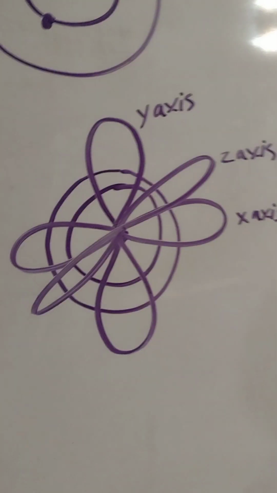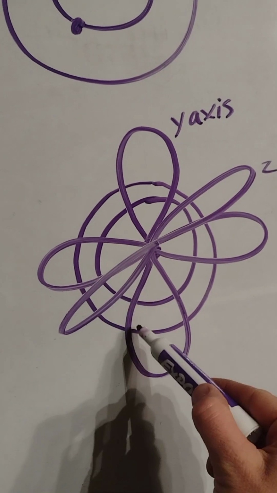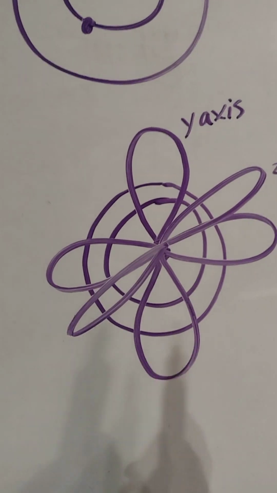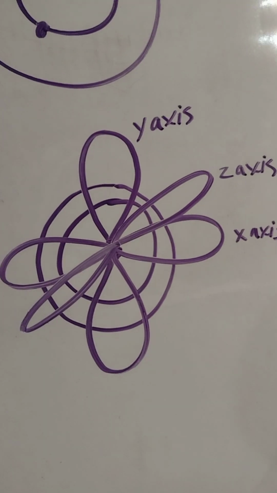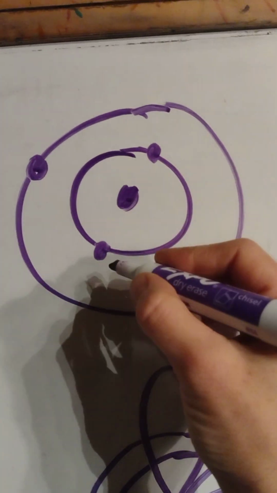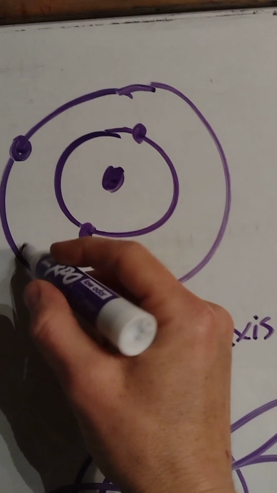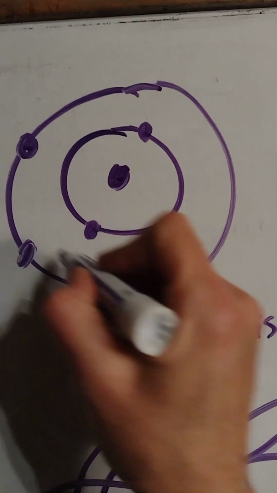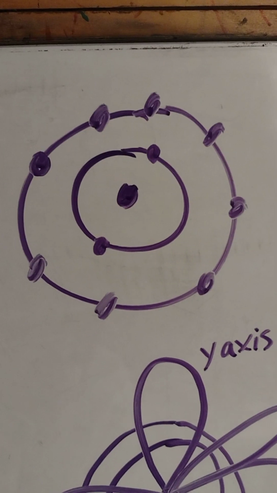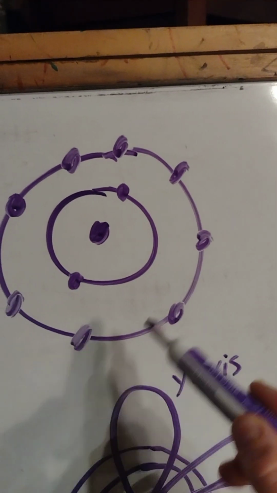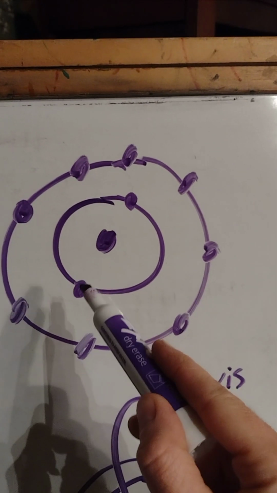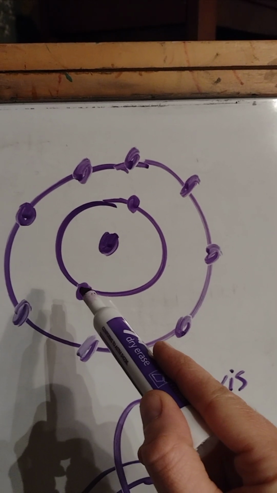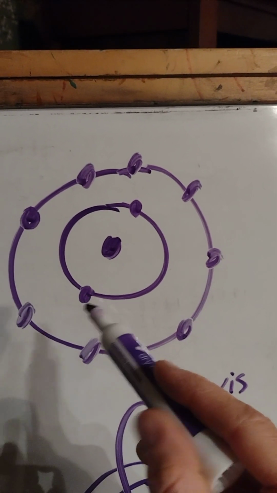So this would be, let's see, 1, 2, 3, 4, 5 orbitals. You could put 10 electrons in this, which would fill up this one here. So you could have 1, 2, and then there's 8 electrons out here. This one is full because it can hold 8 electrons, and this energy level here can hold 2 electrons, so this is completely full.